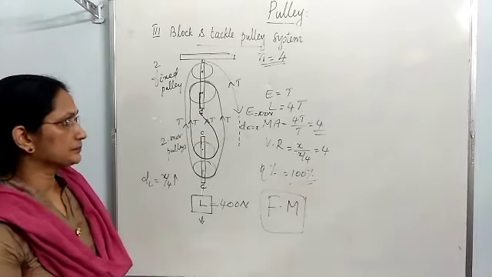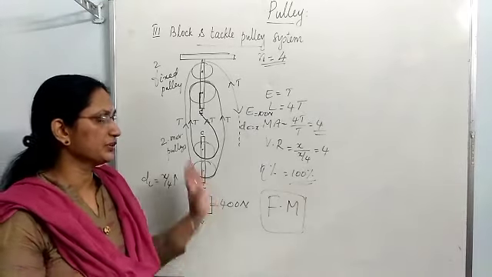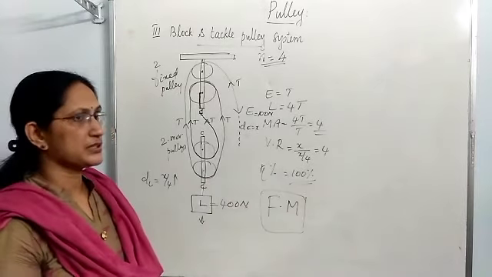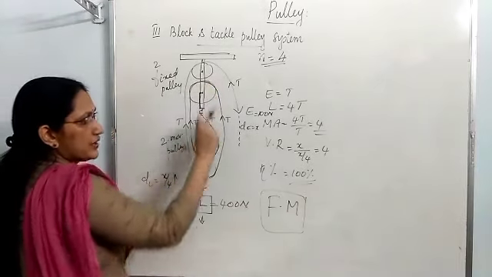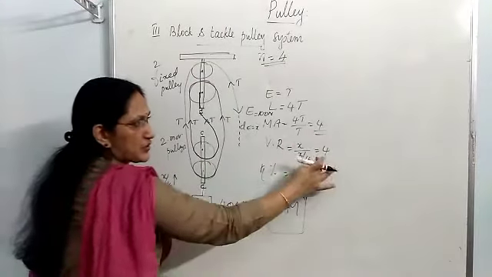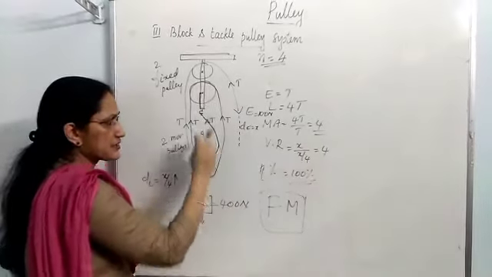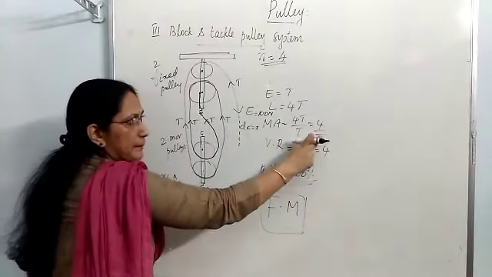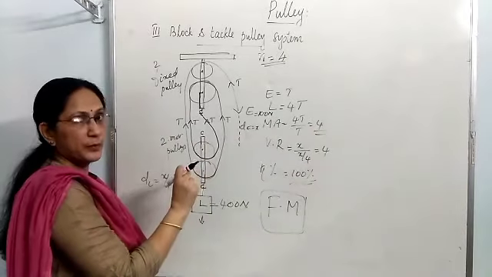Okay. So the utility of this machine is it is used as a force multiplying machine. Here there were 4 pulleys used, so MA and VR are 4. VR is constant, is fixed. Whether the pulleys are of lightweight or heavyweight, VR is always 4. But MA depends on the weight of these movable pulleys.